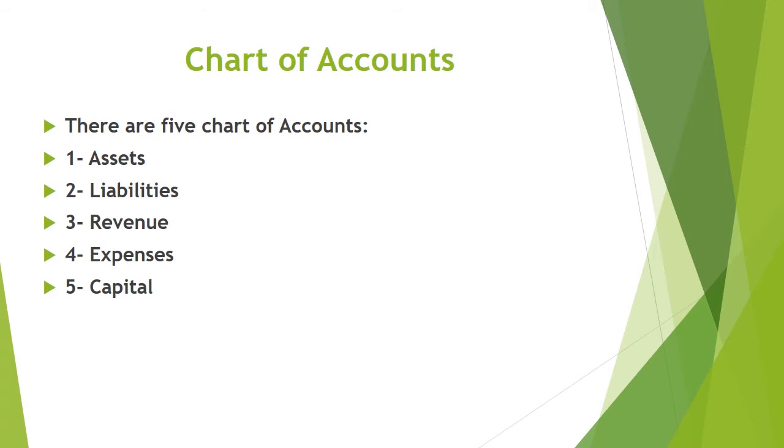We will use these 5 charts of accounts. These are the main heads of the chart of accounts. We can further divide these, but in whole accounting these 5 charts of accounts will be used.